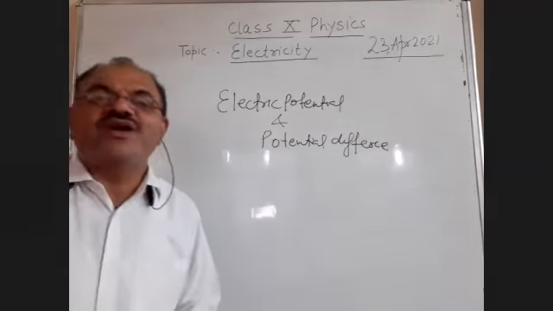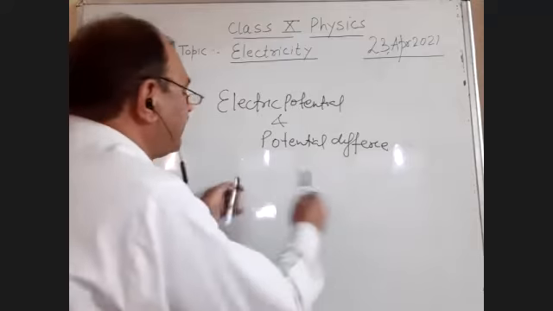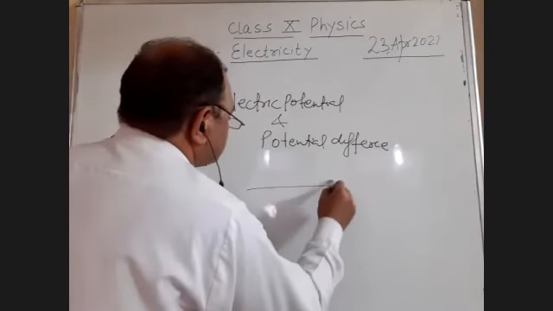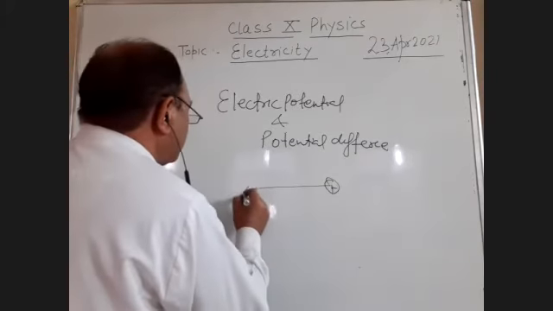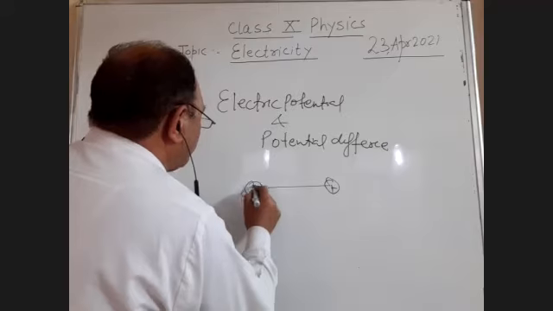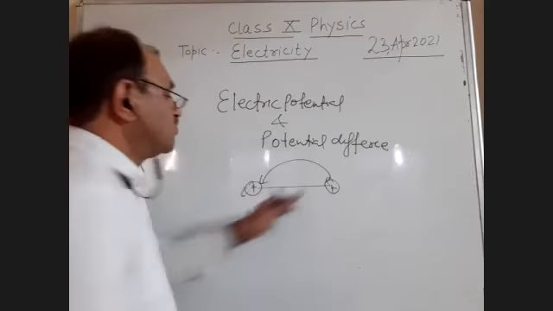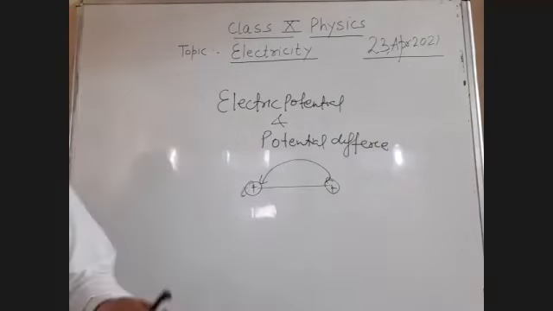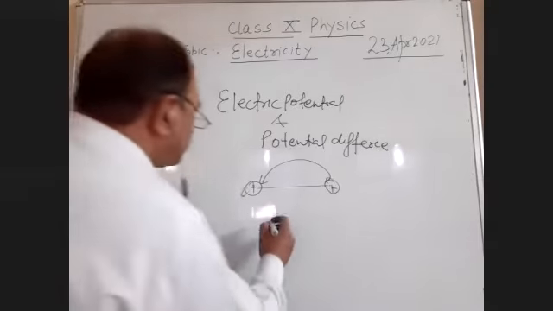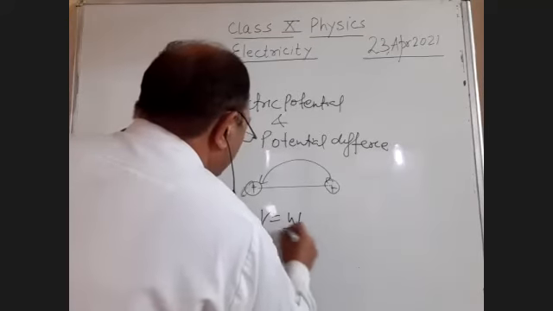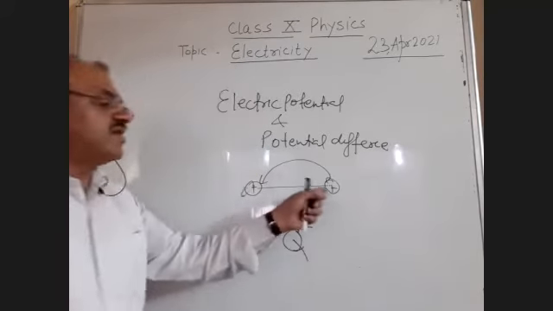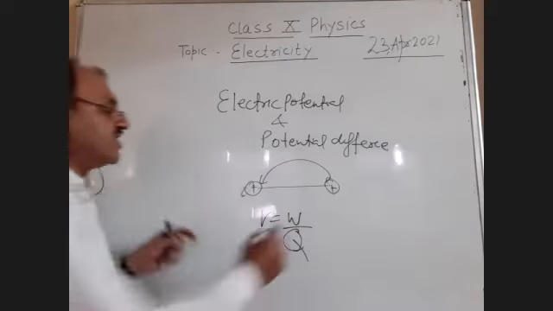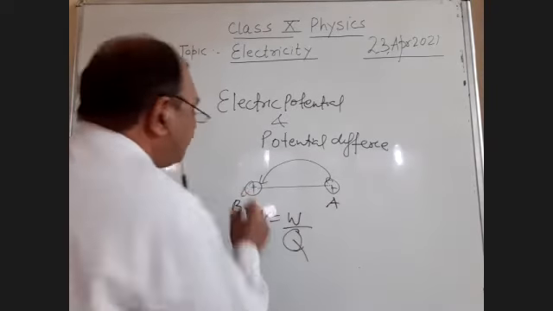For example, I have a positive charge and I want to bring it from this place to another, so I have to do some work. It is the amount of work done in bringing the unit positive charge from one point to another point.